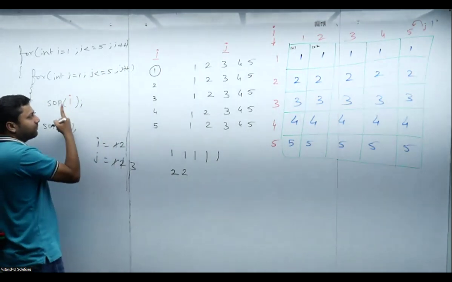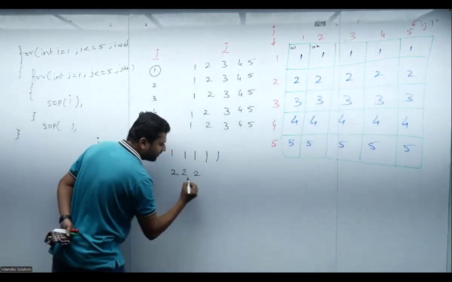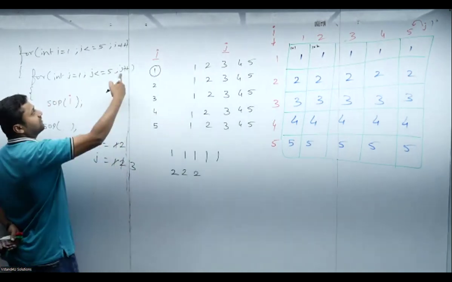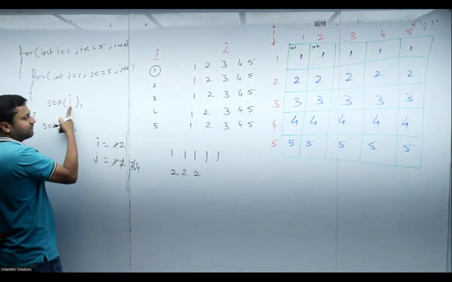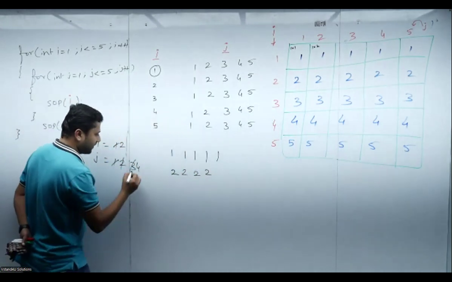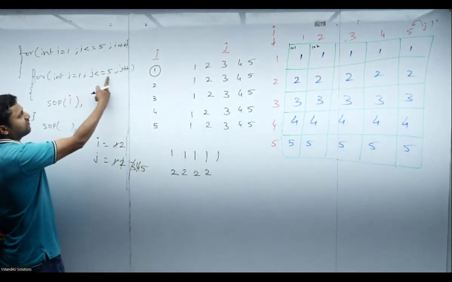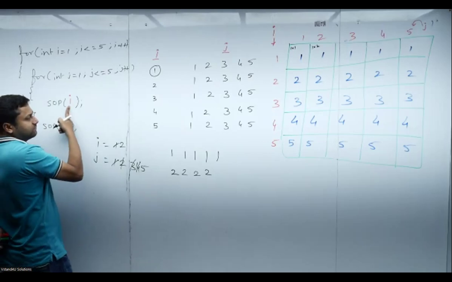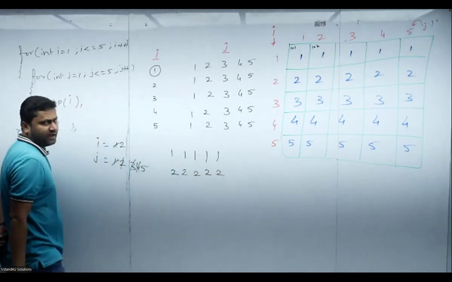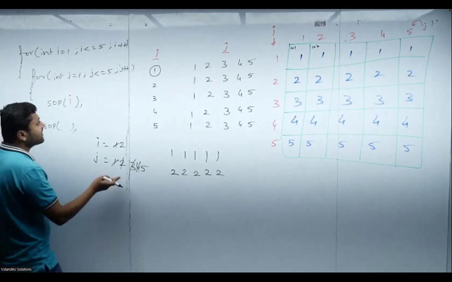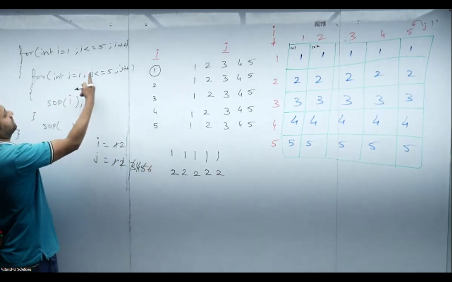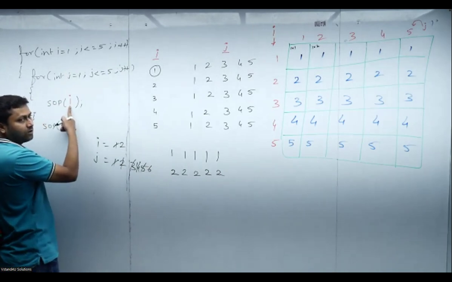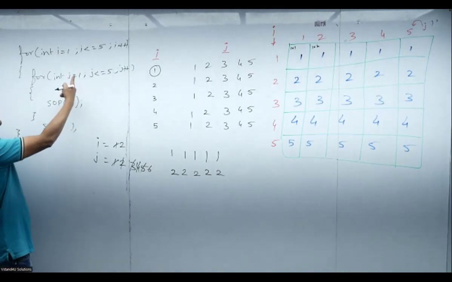Print. I value is still 2. Agree. Then J became 4, less or equal to 5 condition. Print. Okay, sir. J incremented to 5, less or equal to 5. Print 2 once again. Agree. Now, once again, J will be incremented to 6, less or equal to 5? No. False. Why print? Then step out.